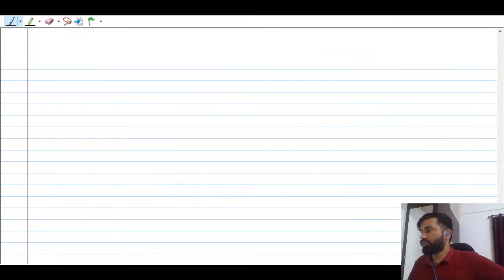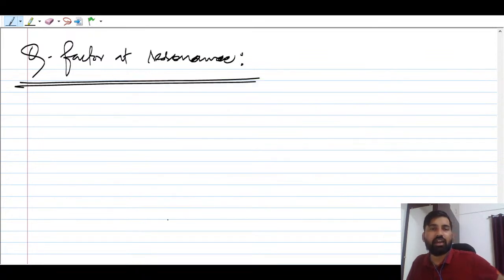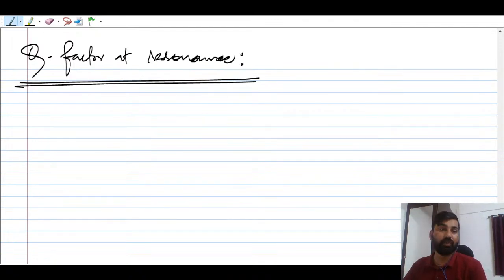If I talk about Q factor at resonance, what is it going to be? It is also important, because we know that the Q factor of the series RLC circuit is 1 by R square root of L by C. But what is the Q factor at resonance?